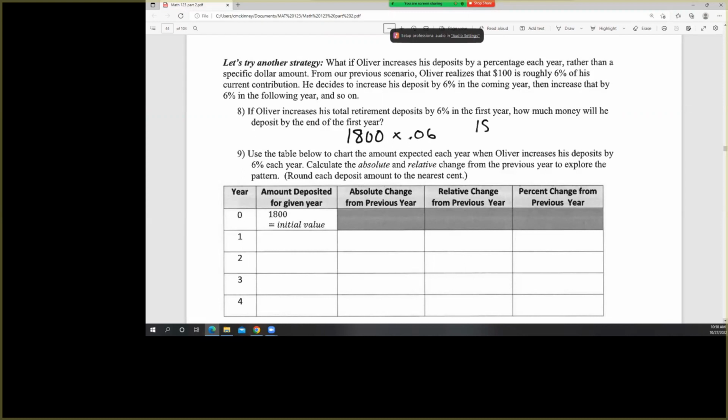Or I can do a proportion. And I could even say 106, right? Because it would be 106% of what it had been. Or I can do just 6% and then add it on.